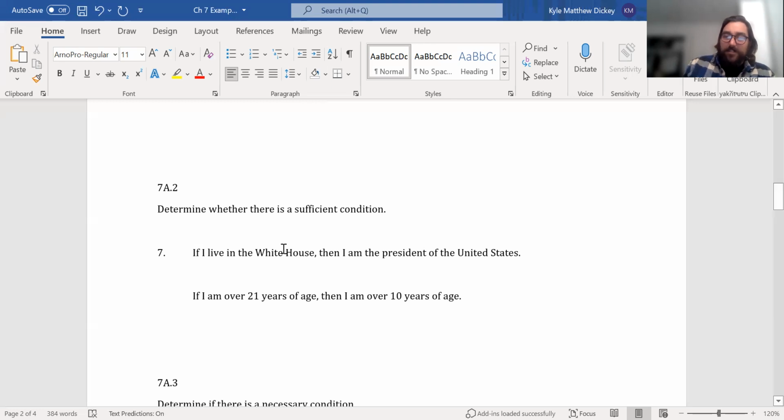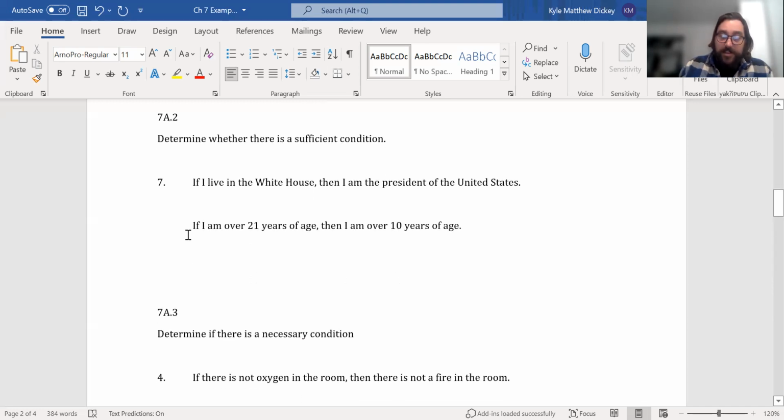Well, yeah, sure, right? The president's kids, maybe, the president's staff, the president's wife, the first lady. So does living in the White House guarantee that you're president? No, it doesn't guarantee it, because it's possible to live in the White House and not be president of the United States. You could be the first lady. All right, so that's a no.